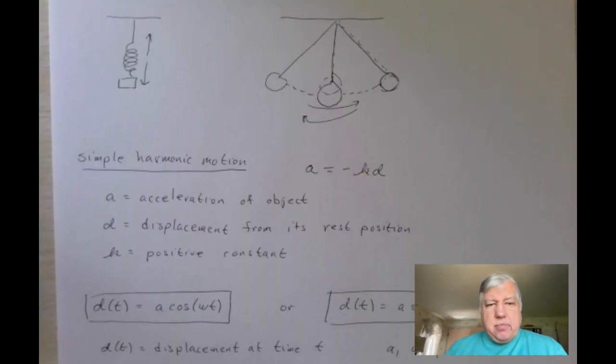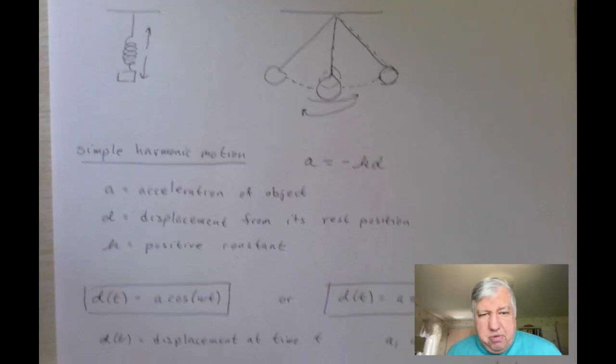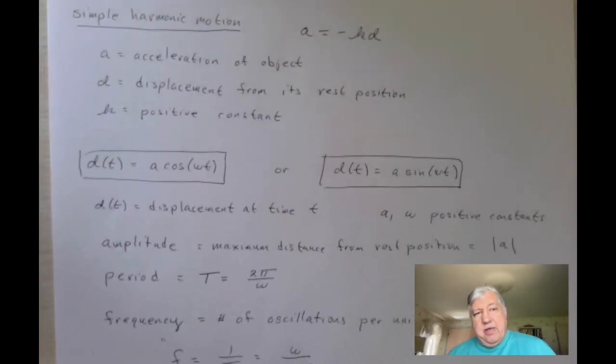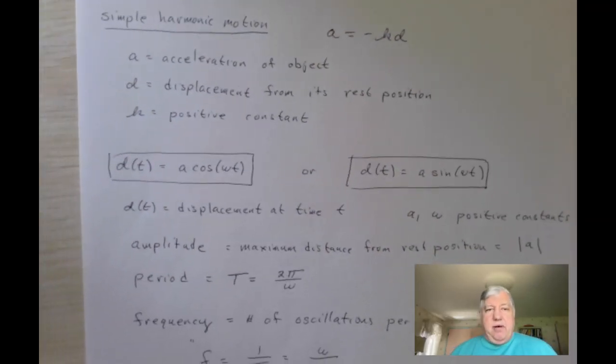But when the smoke clears, what it means is that this displacement can be modeled by an equation of one of two types. If d of t is the displacement at time t, then d of t is either a times the cosine of omega t or a times the sine of omega t, where a and omega are positive constants.